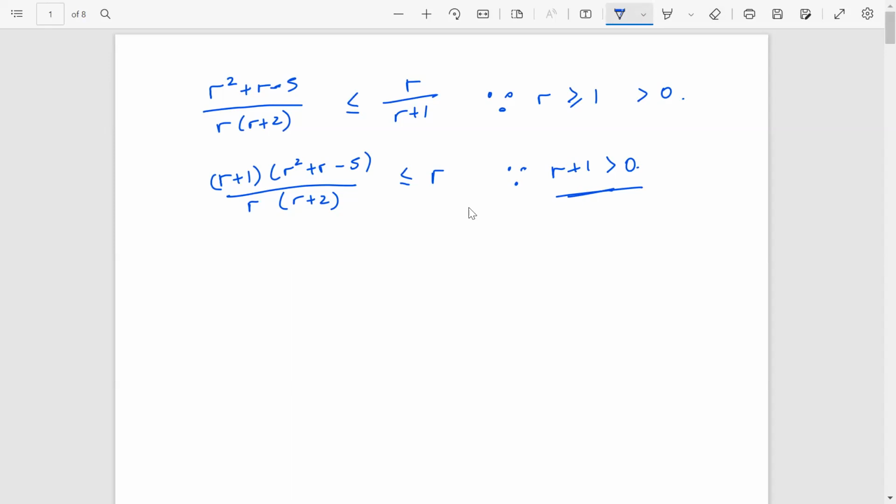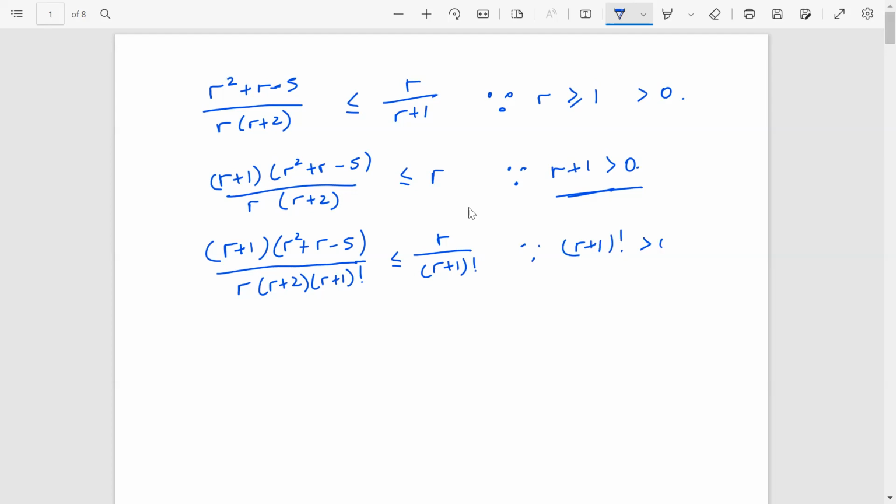Okay. Now, next part. This is the solution you will normally see in exams. So we divide by r plus 1 factorial on both sides. Again, no change in sign because r plus 1 factorial is greater than 0. Okay.